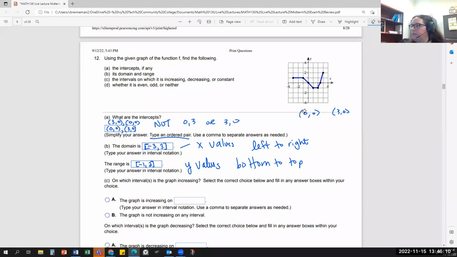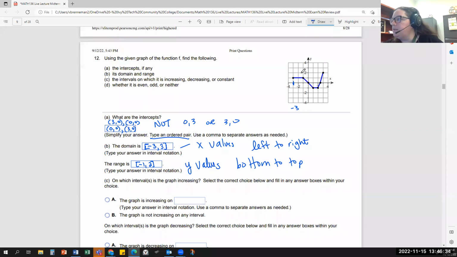I start at the left side of the graph at -3. For these, you're giving intervals of x values. You're not giving anything to do with the y values. You're not giving ordered pairs. You're looking at the piece of the x-axis that corresponds.